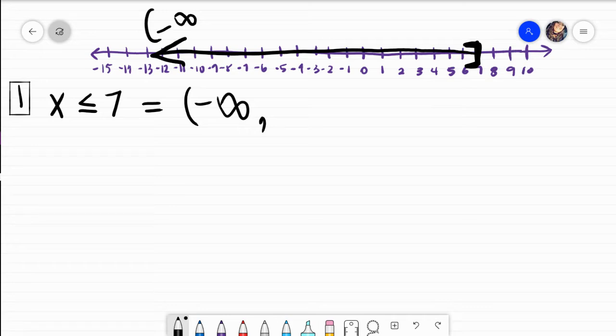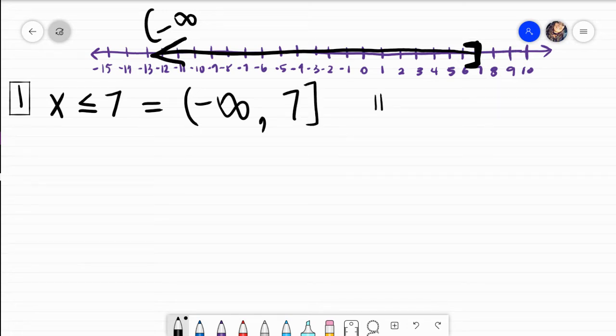Now, just continue to read this number line to the right. I've got -2, -1, 0, 1, 2, 3, 4. I've got all this going on. I stop where my next mathematical symbol is, which is a bracket. And that bracket is on the value 7. You write your value and then your symbol.